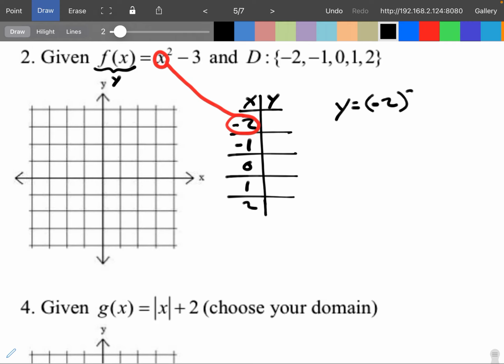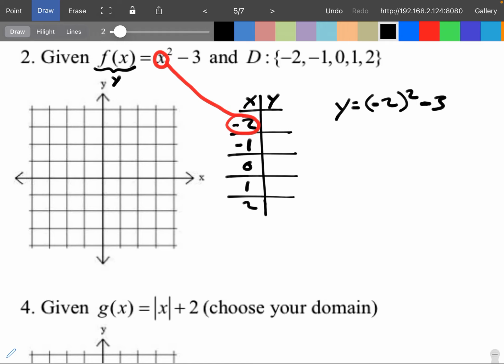So we're just going to take these, like for example, we're going to take -2 right here. We're just going to plug that in for the x. So that's going to look like y equals -2 squared minus 3.